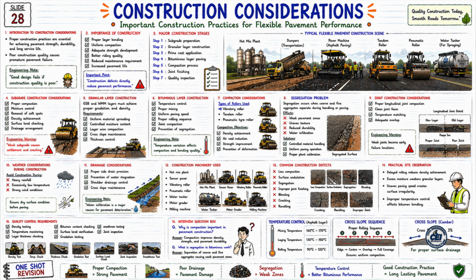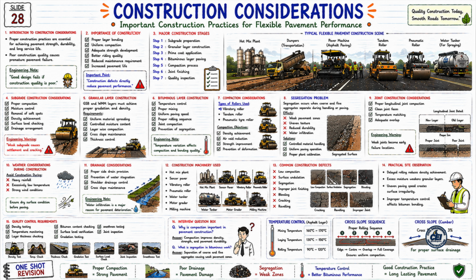Now let's look at the 13th topic. 13 Common construction defects. Low compaction. Surface undulation. Segregation. Improper joint finishing. Bleeding. Cracking. Raveling. And these failures develop due to improper construction practices. 14 Practical site observation.